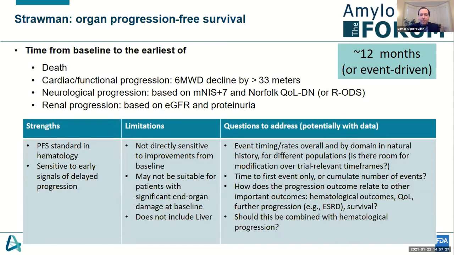This is attractive given the precedent in Andromeda and in hematology in general for using PFS-type endpoints. The main drawback is that this outcome by itself would not be directly sensitive to improvements from baseline. Obviously, if the improvement serves to delay progression, it would be sensitive to that, but not directly sensitive for improvement.